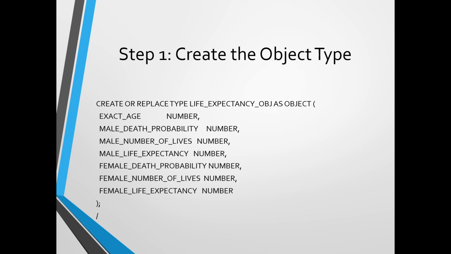Those properties are exact age, male death probability, male number of lives, male life expectancy, female death probability, female number of lives, and female life expectancy. All these fields have a specific data type which is available in the original table. Once it's executed, the object is ready.